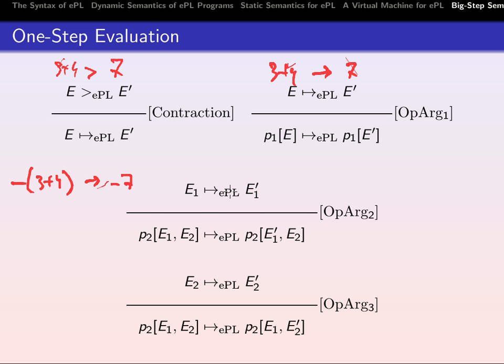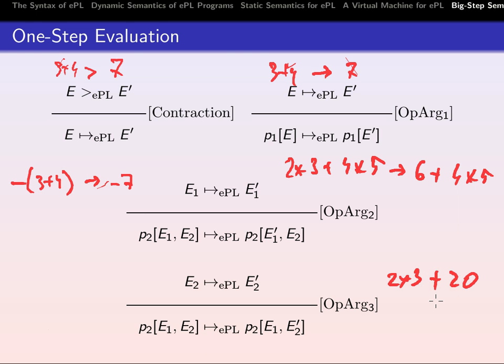This makes it very clear that the order of operations is not important for expressions. If I have 2 times 3 plus 4 times 5, the first rule allows me to write arrow 6 plus 4 times 5, and the second one will allow me to write 2 times 3 plus 20. So the order of the operations is not really important.